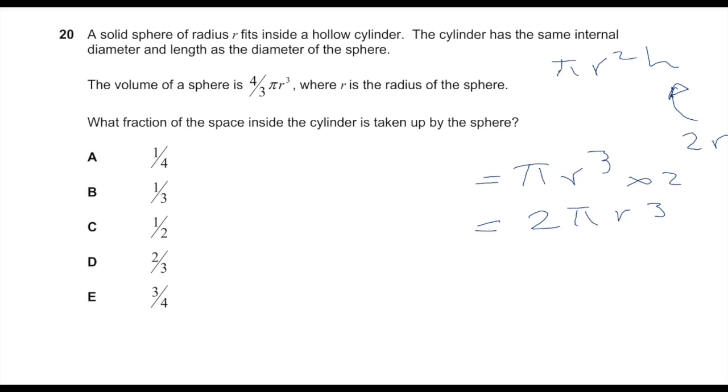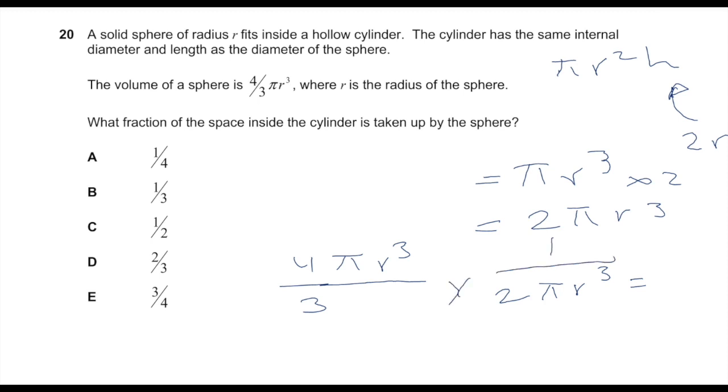Now, we are going to divide the volume of the sphere by the volume of the cylinder. So we're going to do 4 over 3 pi r cubed divided by 2 pi r cubed. I'm going to be a bit lazy here and just modify my working out, but essentially we're going to divide, so we're going to put that 1 over.